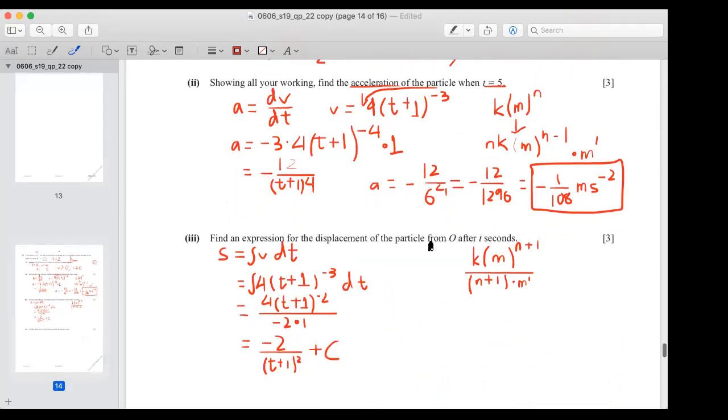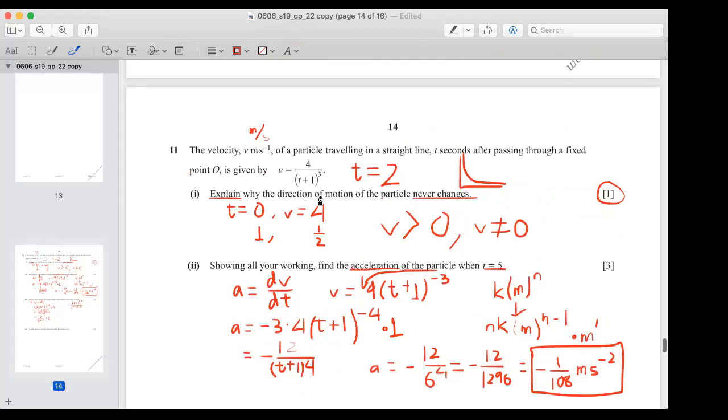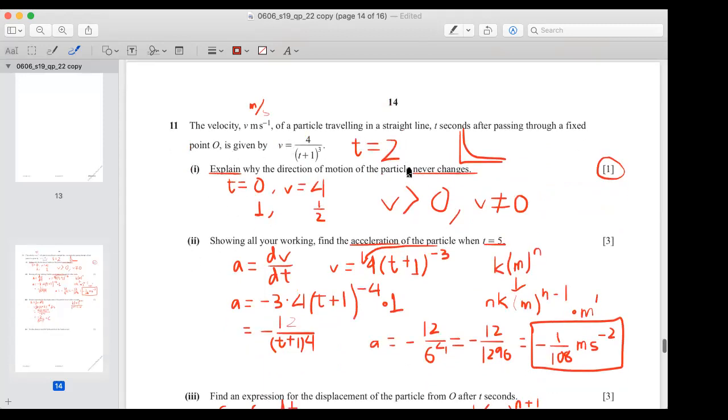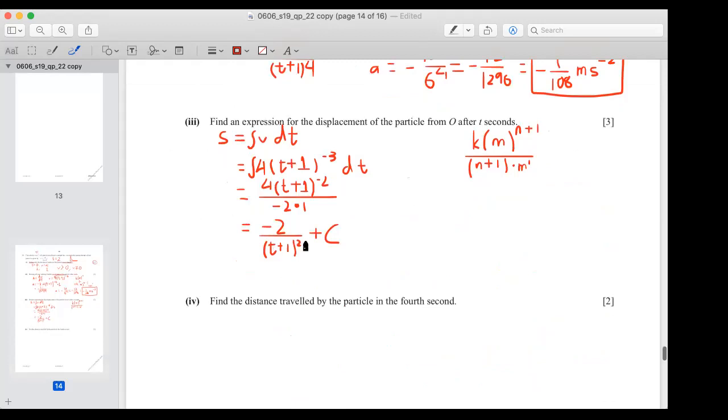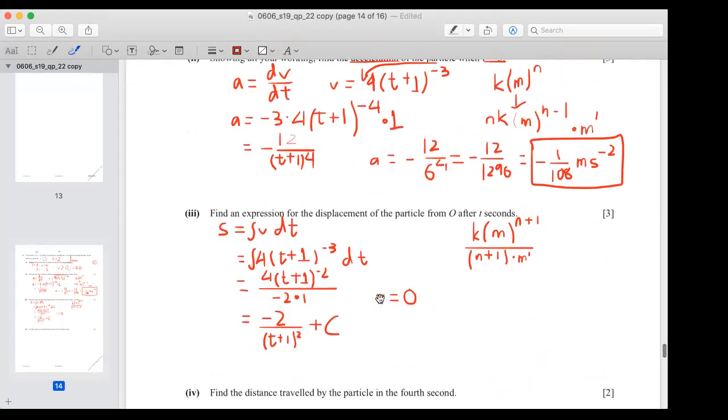Well, we use the point O. Point O means s equals 0 and t equals 0. Don't forget about that. So we basically substitute.